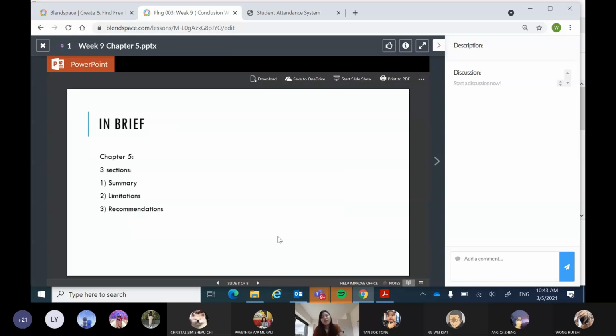Okay, so in brief, under chapter 5 conclusion, it's a short chapter only 1.5 pages to 2 pages long. That's all. Okay, so there should be 3 sections. The first one is summary, second one is limitations, and the third one is the recommendation. Okay, just so the summary, you state the overview of the research again. What are the research questions? What did you use to answer this research question?